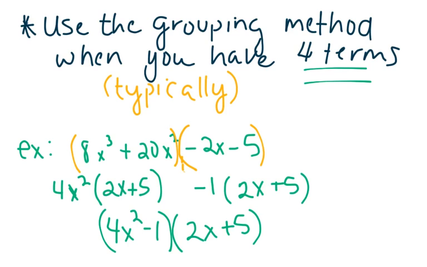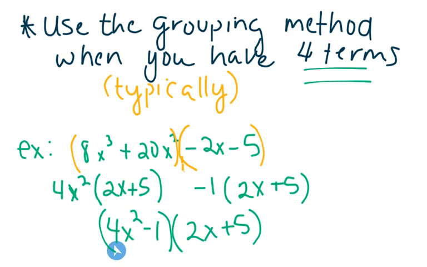So one way to check this, of course, is to FOIL. And it looks like my first term will give me an 8x cubed, which is what I want. Oh, hold on. Okay, never mind. I see what I did.